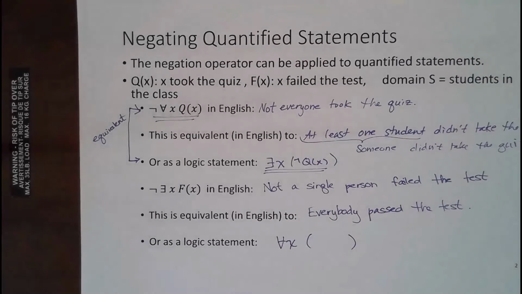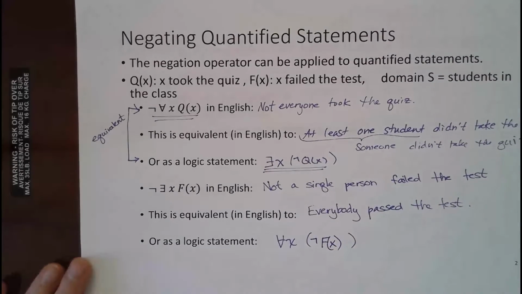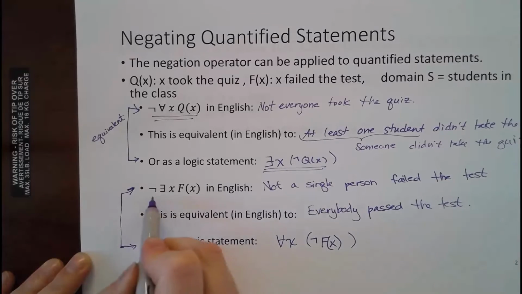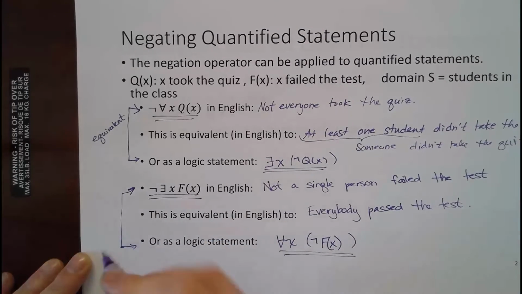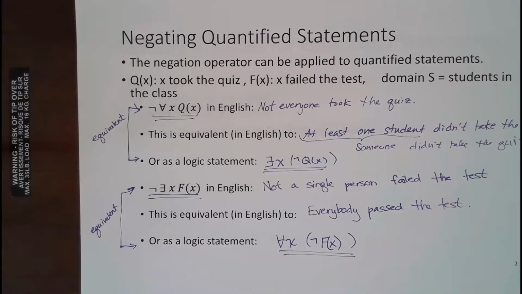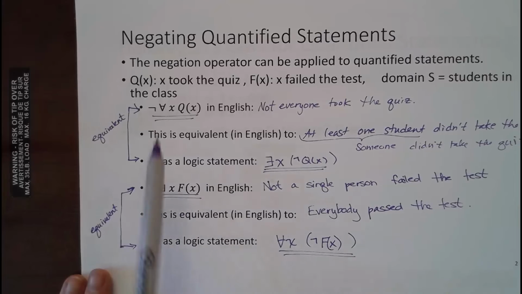how do you express the idea of pass the test, using just what's up here? Yeah, not f of x. Okay, so notice that this one right here and this one right here are equivalent. Now we're talking about De Morgan's laws for quantified statements, and look what happened in this one.